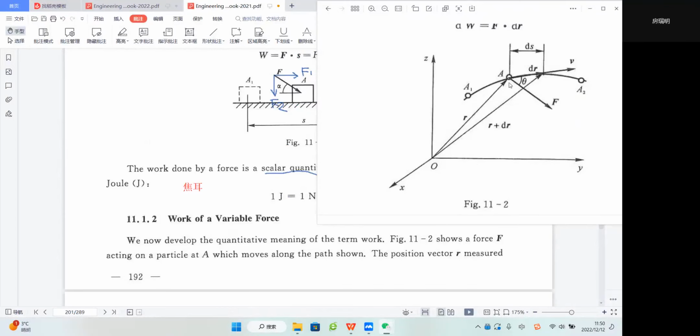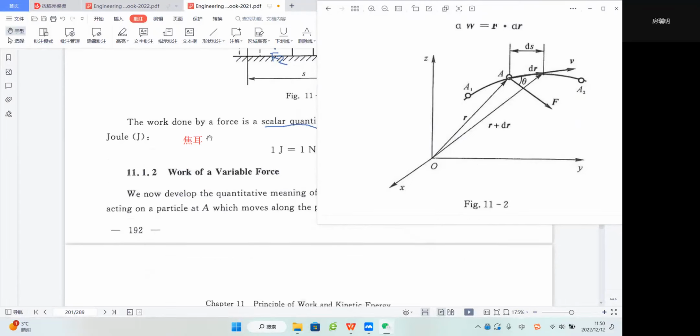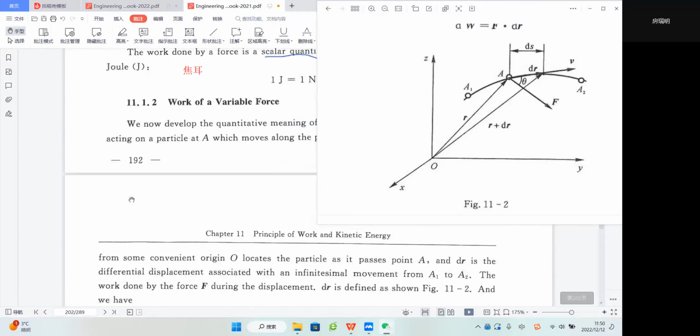Now, do you know r cross F will be the moment of F at point O, right? And the force passes point A, right? And dr is a differential displacement associated with an infinitesimal, that's 无穷小 in Chinese.